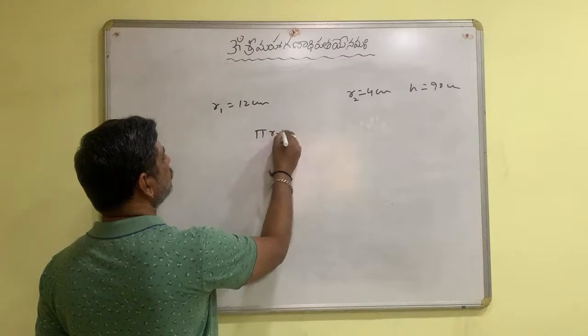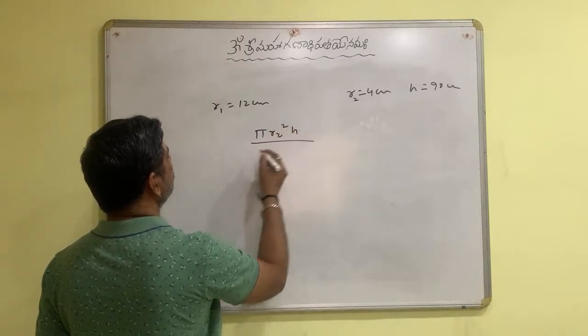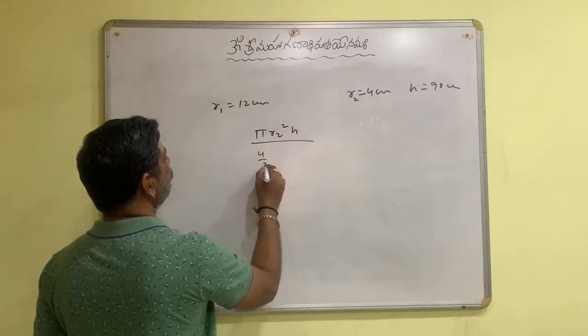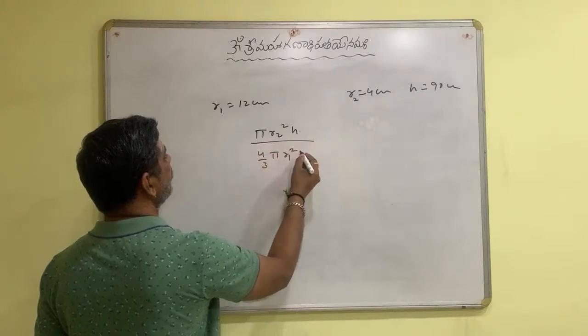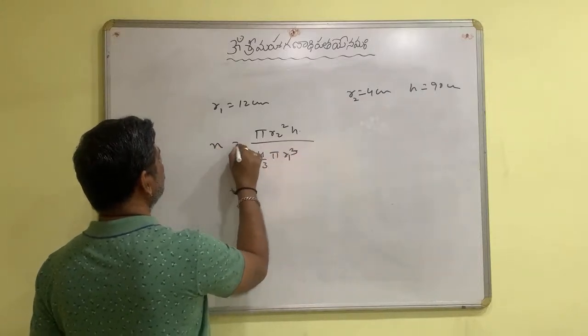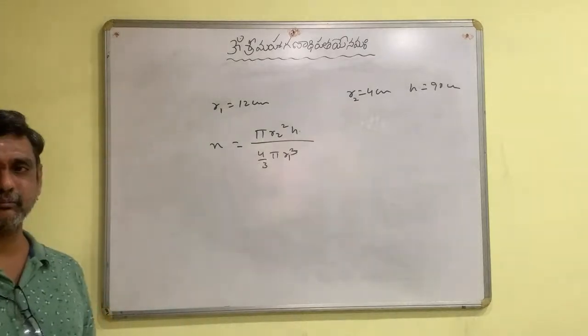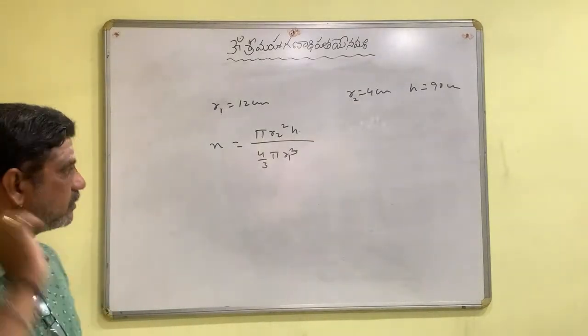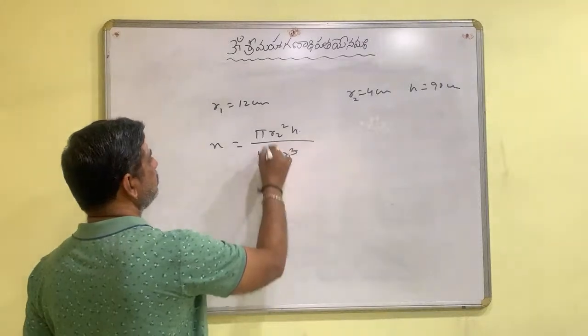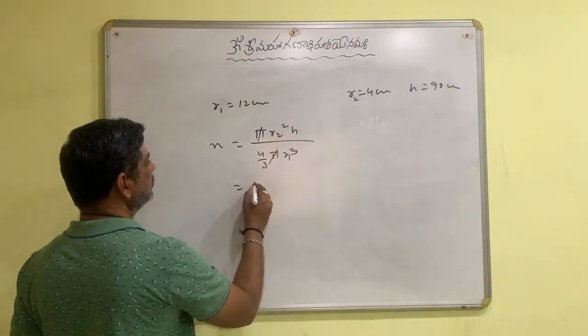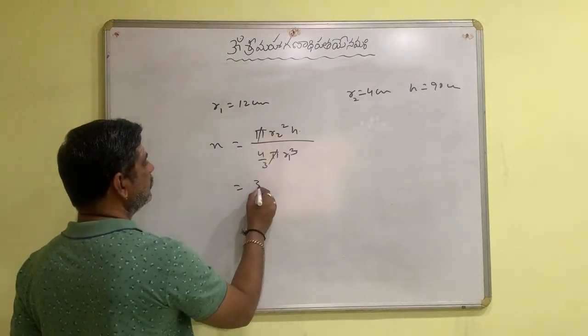Pi r2 square h by volume of sphere 4 by 3 pi r1 cube. Number of spheres. No, this pi gets cancelled. This 3 will go on the numerator.